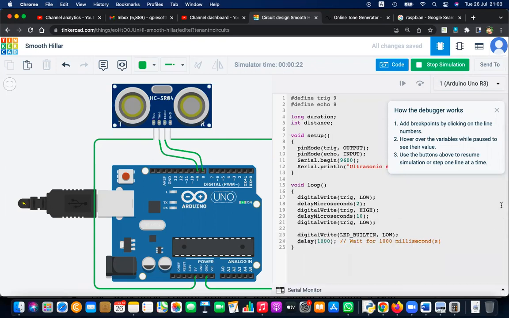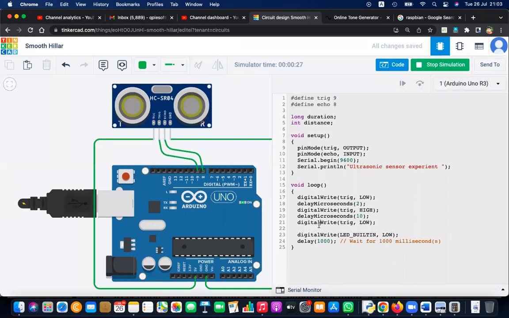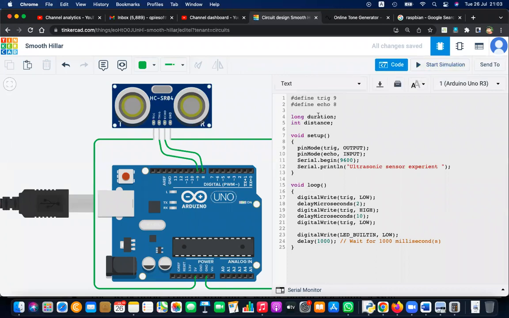Actually, what I'm going to do is capture the signal back, the pulseIn. So this can be captured to the duration variable. Duration, I can just capture the pulseIn which is going through the echo pin, and then use the same serial monitor.